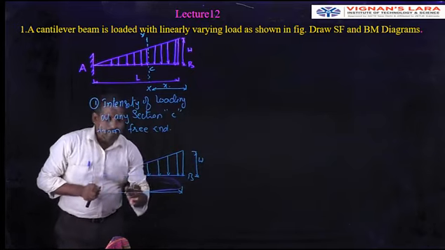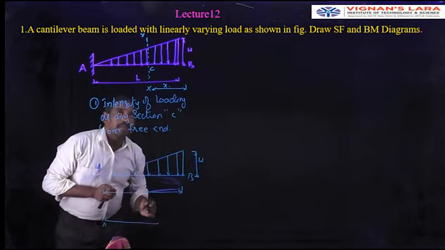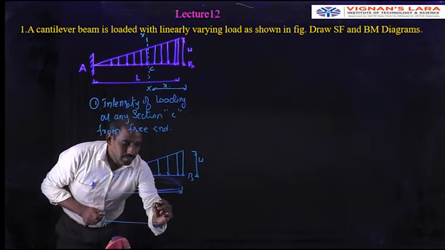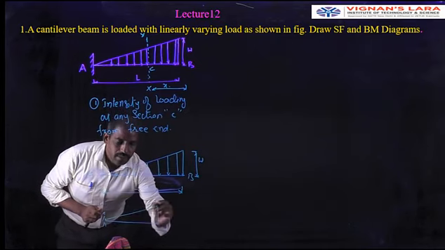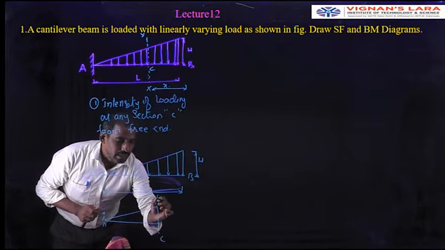Let us see the portion left to the section. This is the intensity of load at section C or XX.